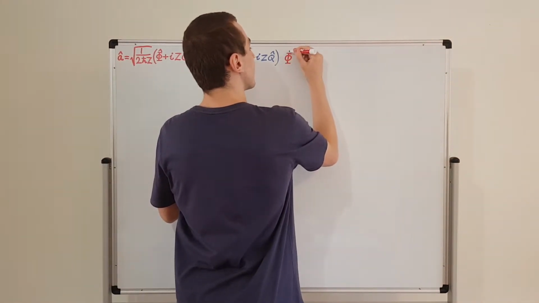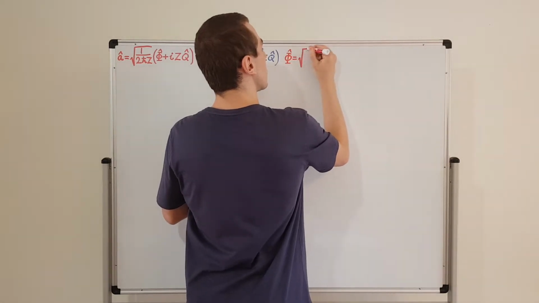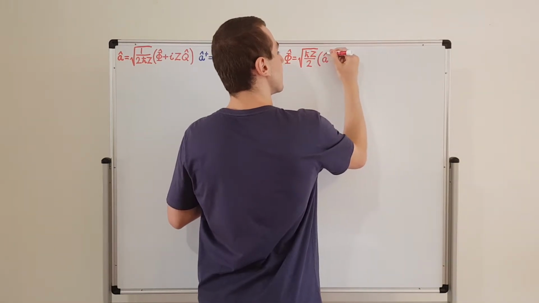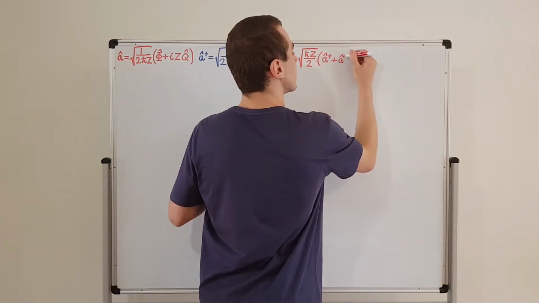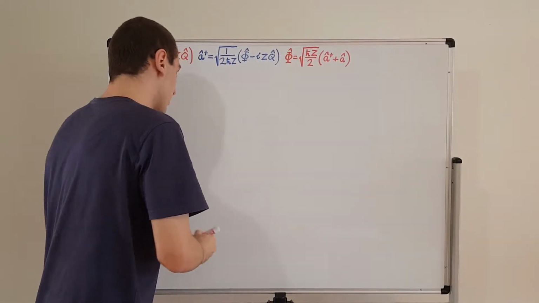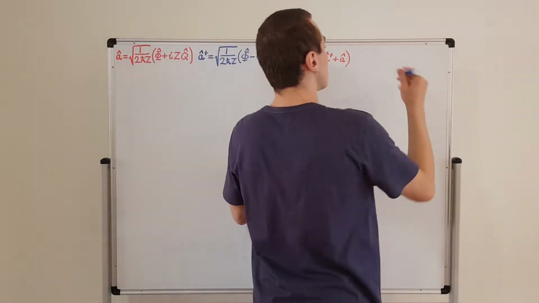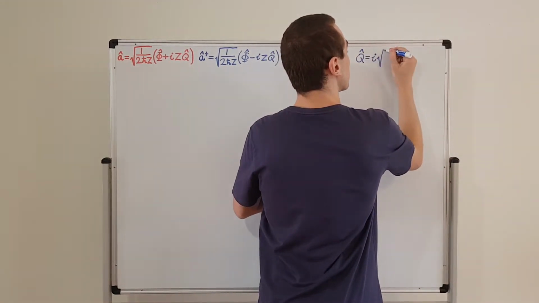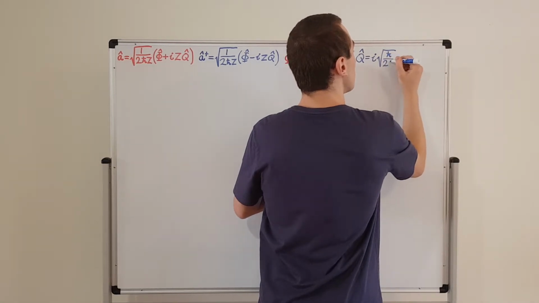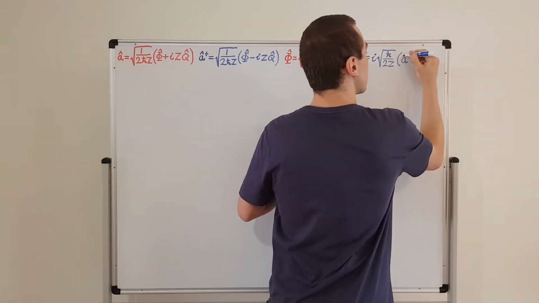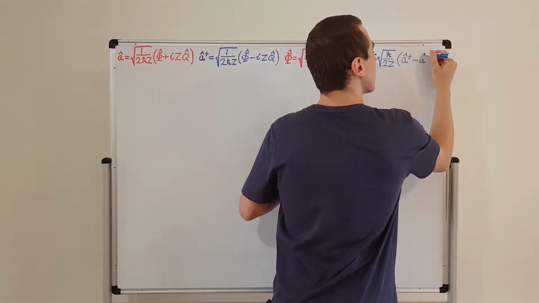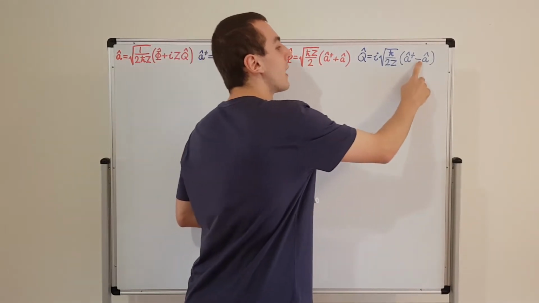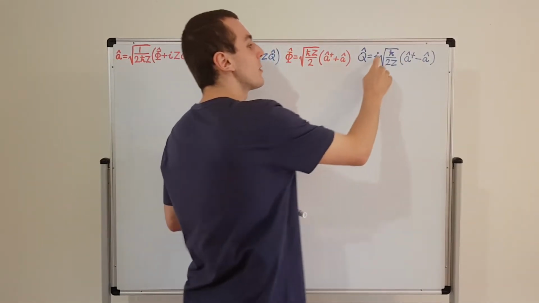Phi is equal to the square root of h bar Z on 2, and then we have the sum of A dagger and A. And there's a similar expression for q as well. q is equal to i times the square root of h bar on 2Z times the difference of these ladder operators. So that's the important difference between these two expressions. Over here we have a plus sign, over here we have a minus sign. Another important difference is that we have an i over here.